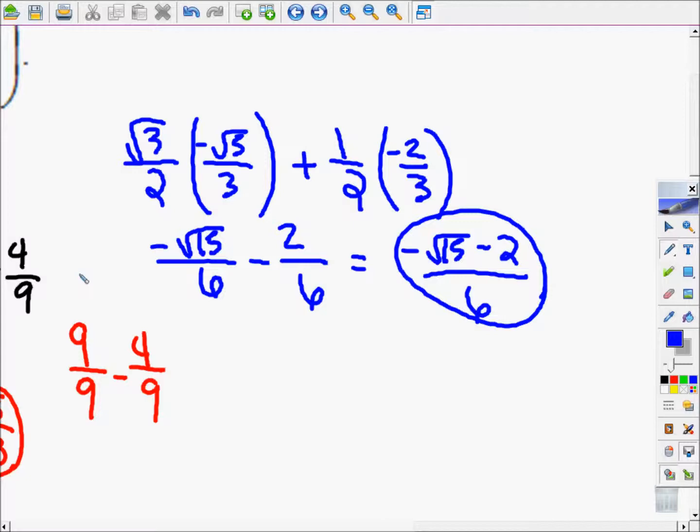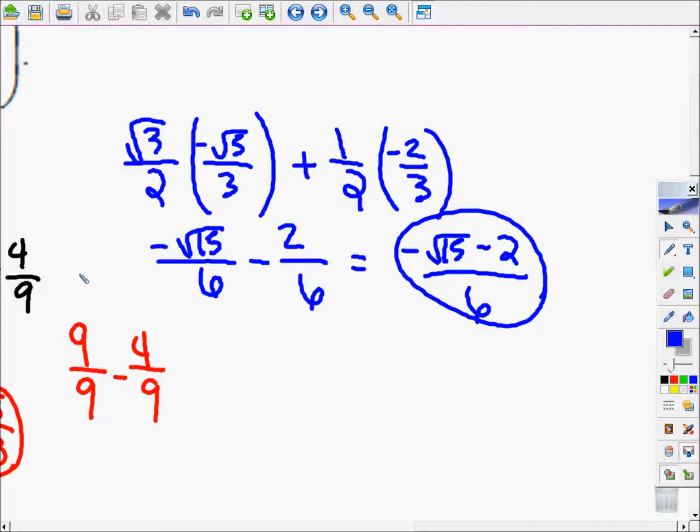And now at this point, I just multiply. Square root of 3 times negative square root of 5 is negative square root of 15, because 3 times 5 is 15. And because there's only one negative, it's going to stay negative. 2 times 3 is 6. So this term is done. On to the next term.